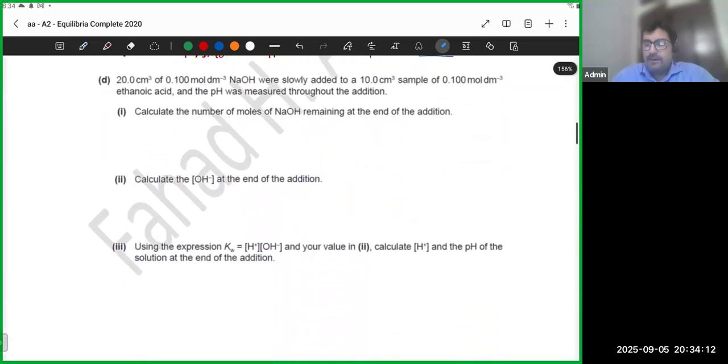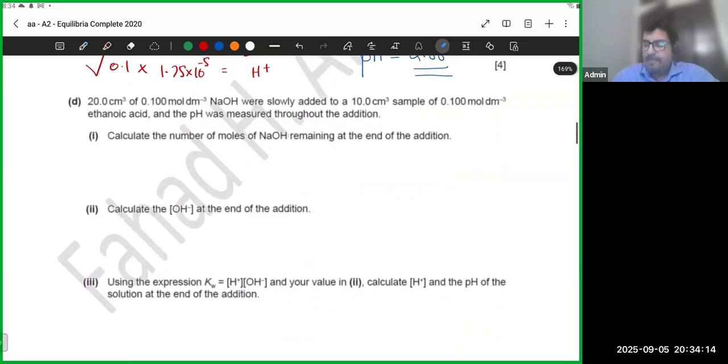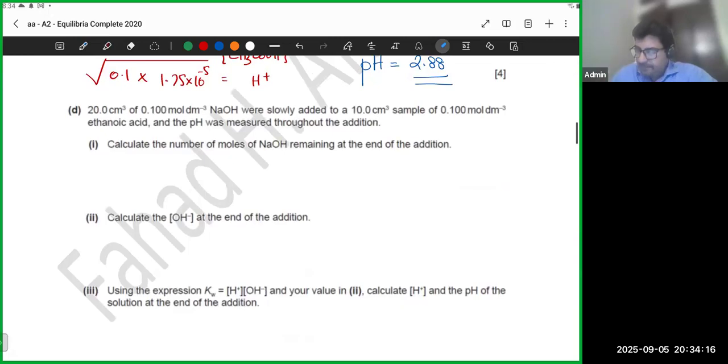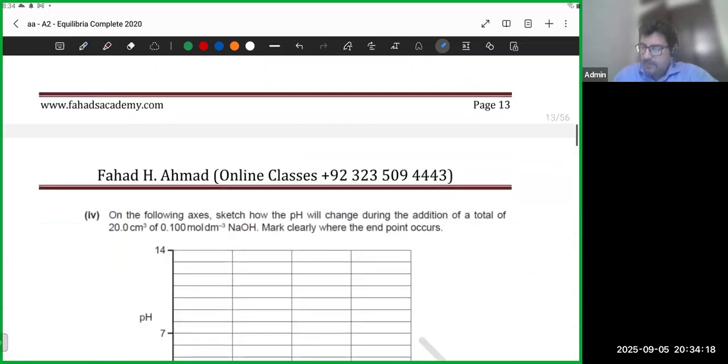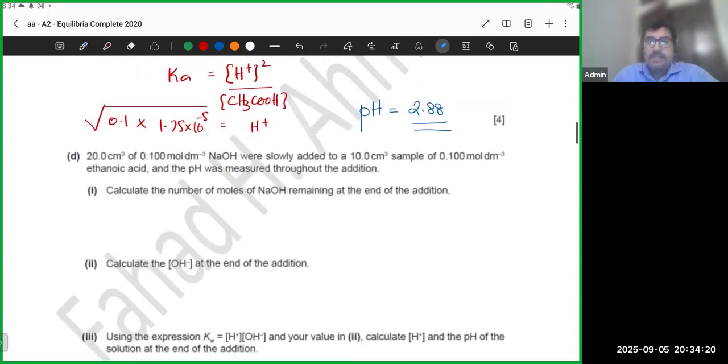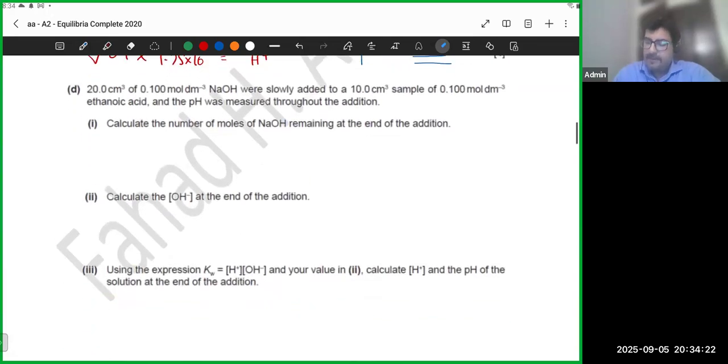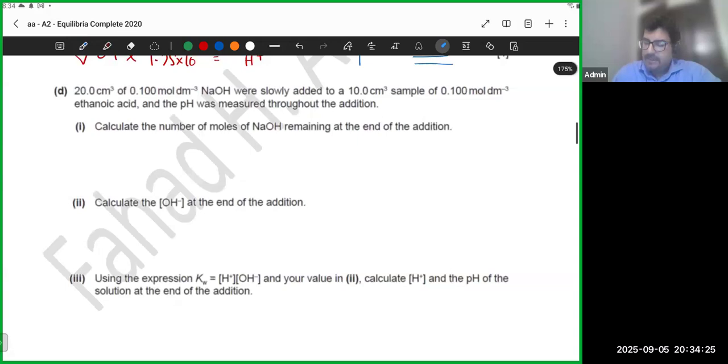It's again a moles question, but it will end up forming a buffer. So he said that ethanoic acid is reacting with NaOH. You've got NaOH, you've got ethanoic acid.